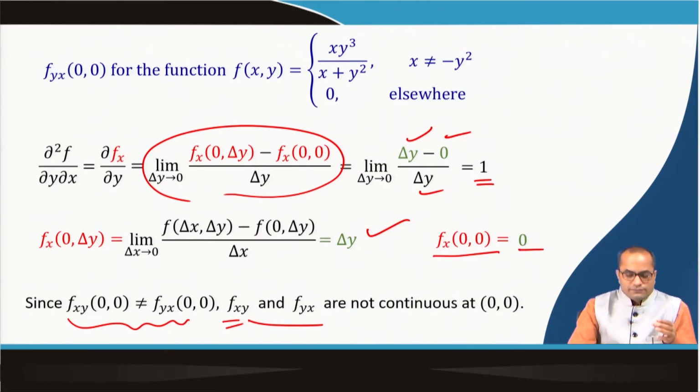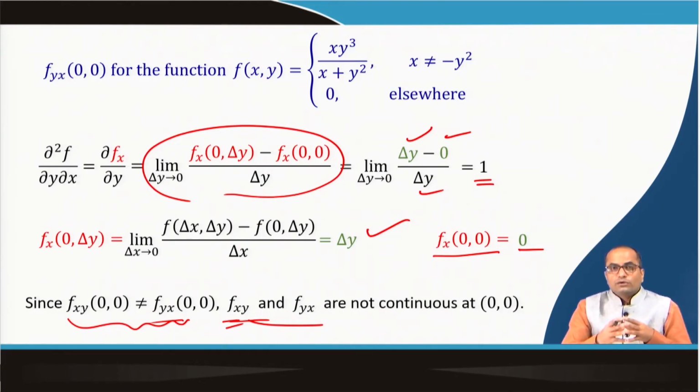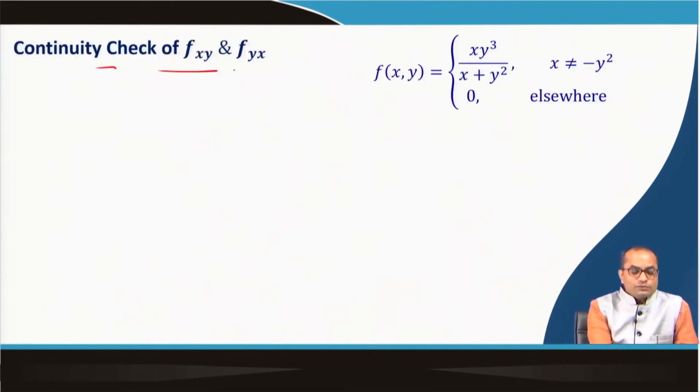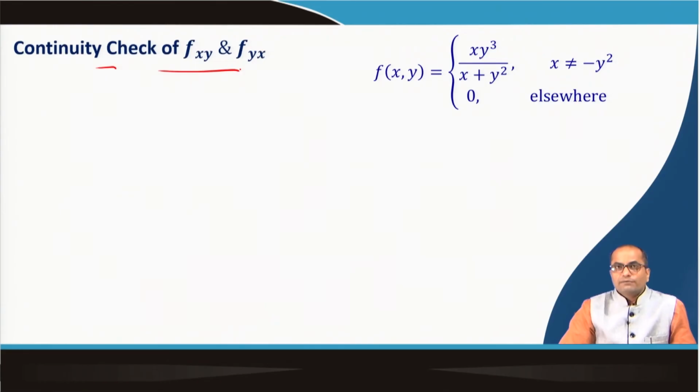So, with this we can definitely say that f_xy and f_yx are not continuous at this (0, 0) point, because these derivatives are not equal. And we can check this continuity in fact, and we will see that indeed these functions are not continuous, just to confirm that f_xy and f_yx are not continuous in this case.